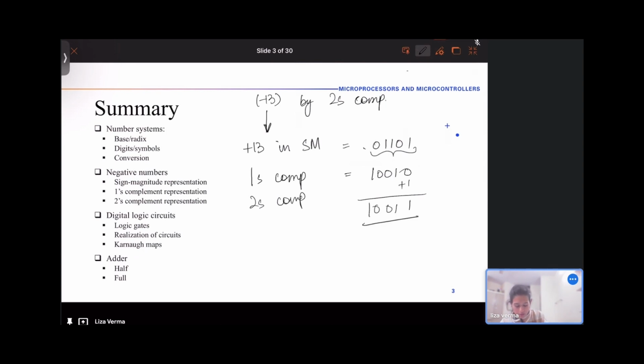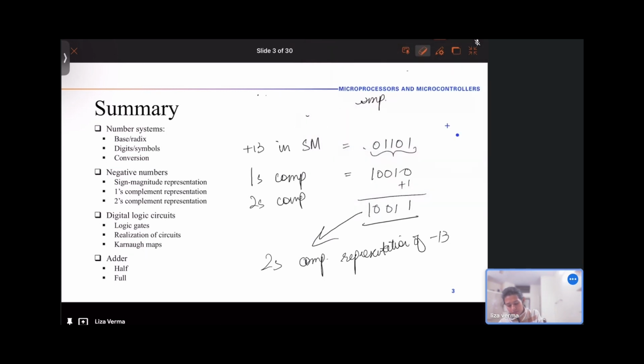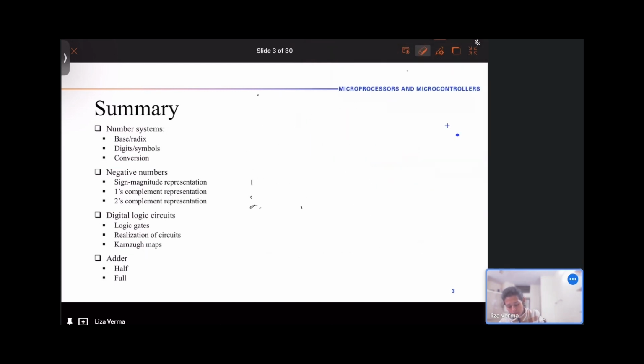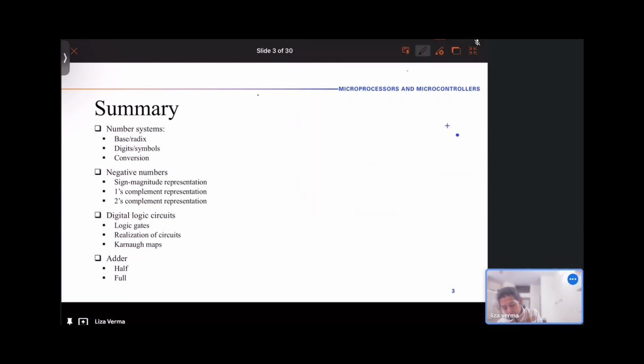Now this is the 2's complement representation of minus 13. Now we know how to write minus 13 in all three representations. Let's write them. Minus 13 in sign magnitude, 1's complement, 2's complement.